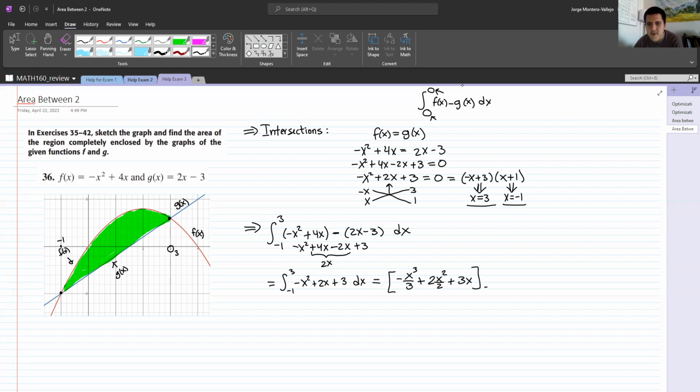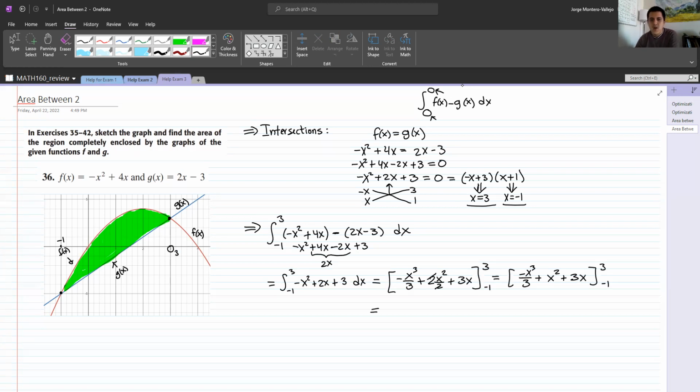And your bounds are from -1 to 3. Remember that when you do integration, you no longer write the integration symbol, the long s. You now just use brackets and keep your bounds. You can simplify these 2 and these 2. So this becomes minus x cubed divided by 3 plus x squared, and then plus 3x from -1 to 3.